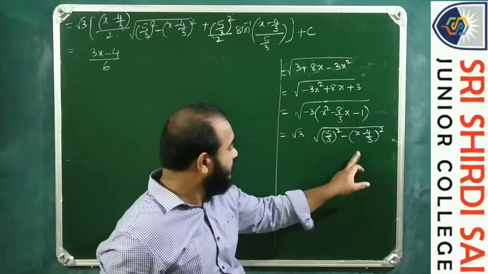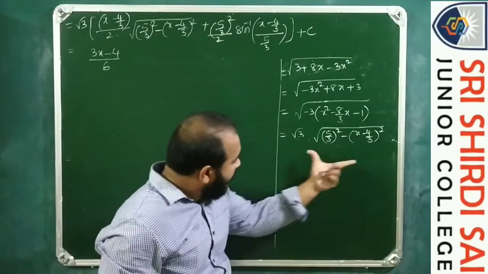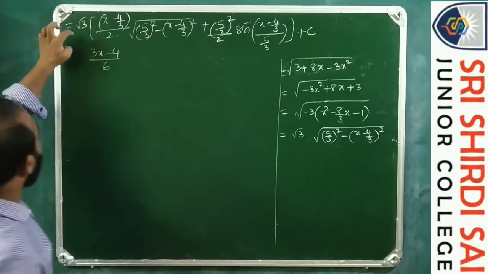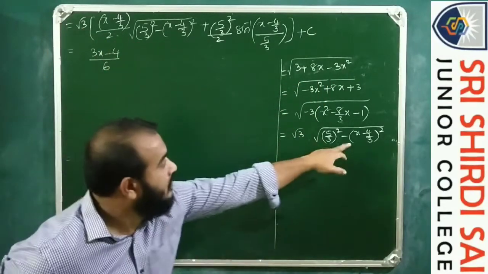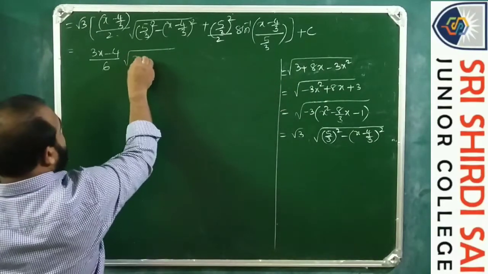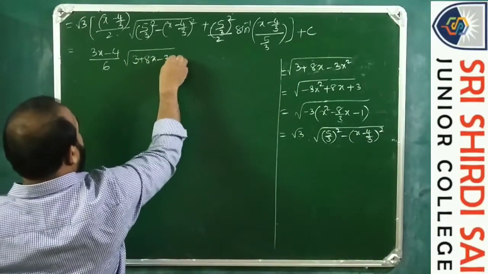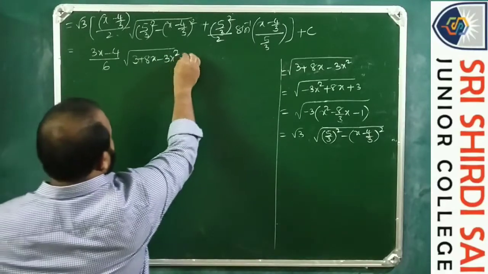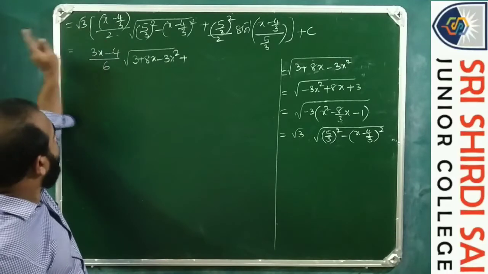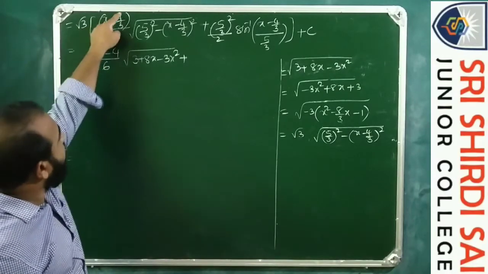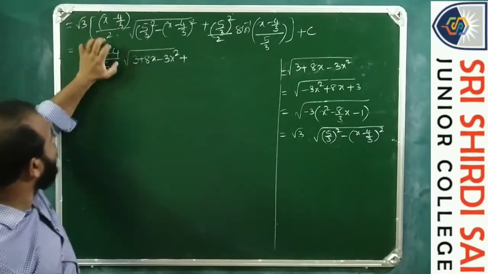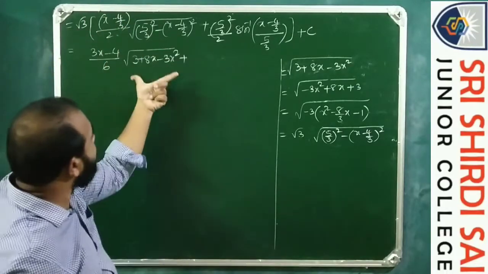Can we write root 3 into this to be root of 3 plus 8x minus 3x square? So root 3 into this is equal to the square root of 3 plus 8x minus 3x square plus 3x minus 4 by 3 by 2. So 3 twos are 6, so this is equal to this. Root 3 into this is this.